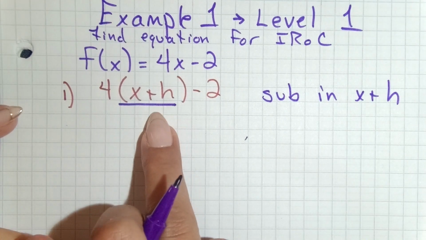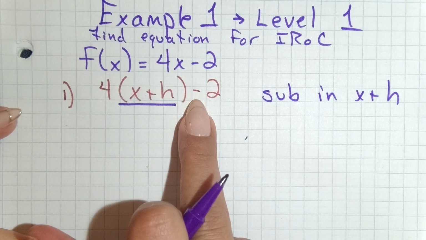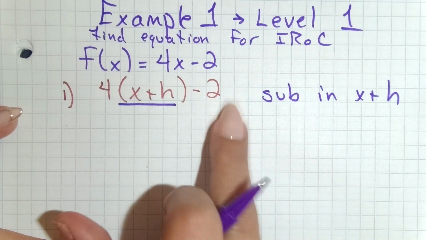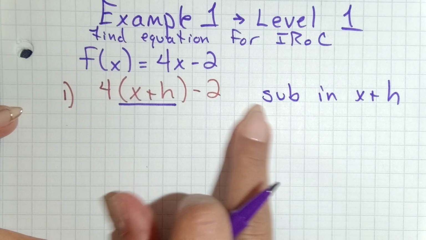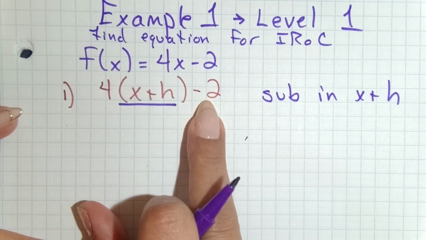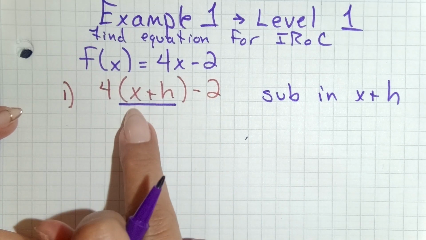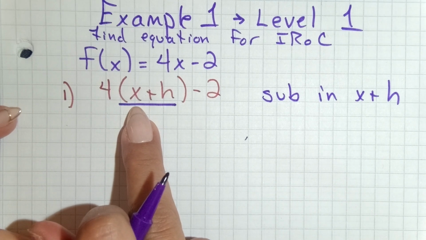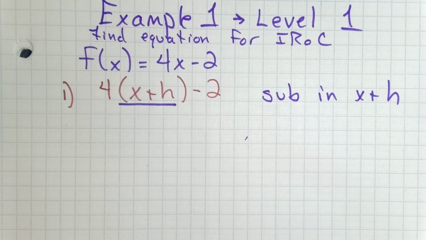Before you move on, you want to simplify as much as possible. Don't move on to the next step until you've simplified. So how do I simplify this? It's algebra.